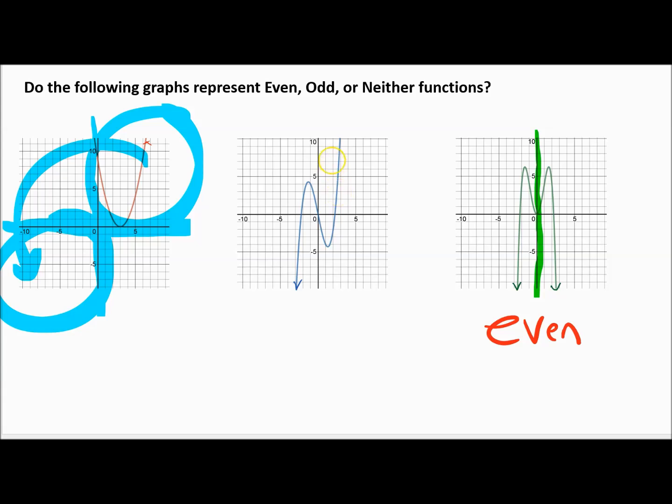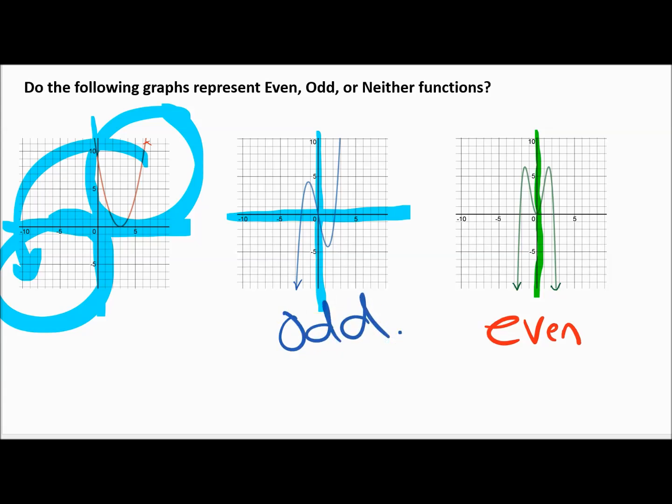Okay? So let's try this again. If I take my piece of paper and fold here, and then fold here again, I know this is hard to see, does this land on top of this? So does this quadrant roll around and land here? Yes. Does this quadrant roll around and land here? Yes. So that means that this is an odd function.